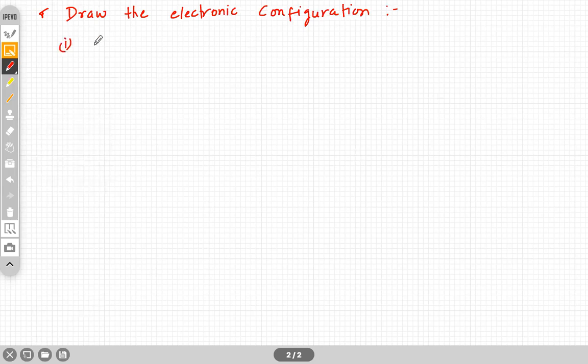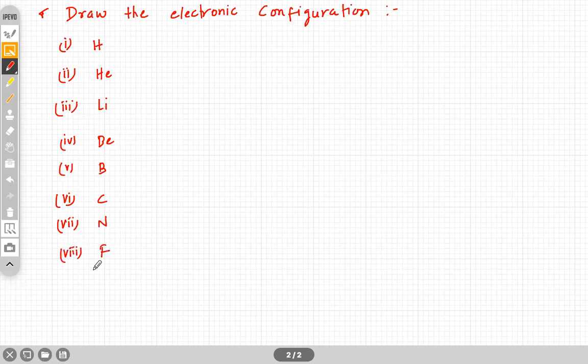The first one is hydrogen, helium, lithium, beryllium, boron, carbon, nitrogen, fluorine, sodium.